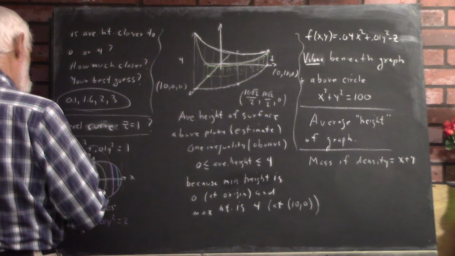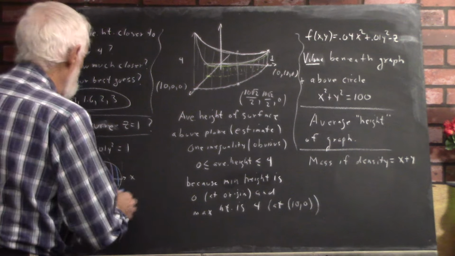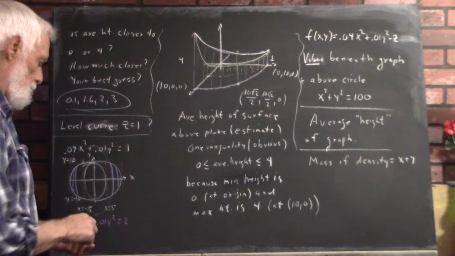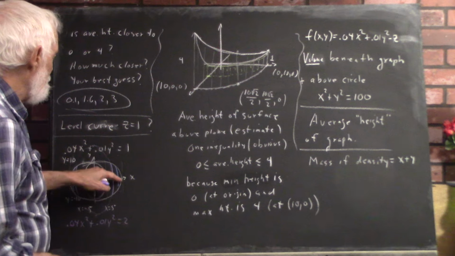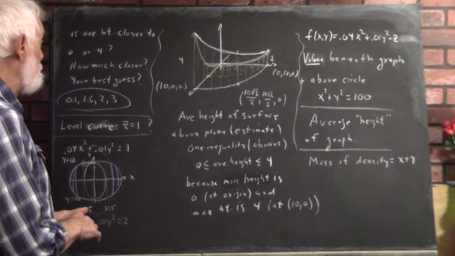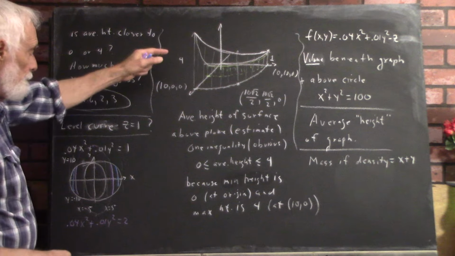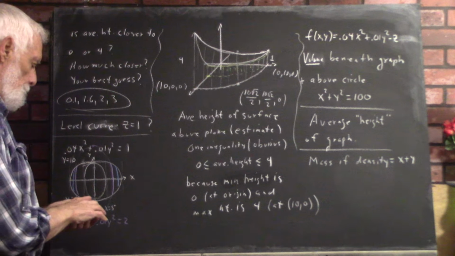There's not a whole lot of the circle where the height is between 2 and 3, and I haven't drawn that real well. And then a little bit where the height is greater than 4. If you think about this and visualize it, and if you're good at visualizing, you can get a pretty good feel.